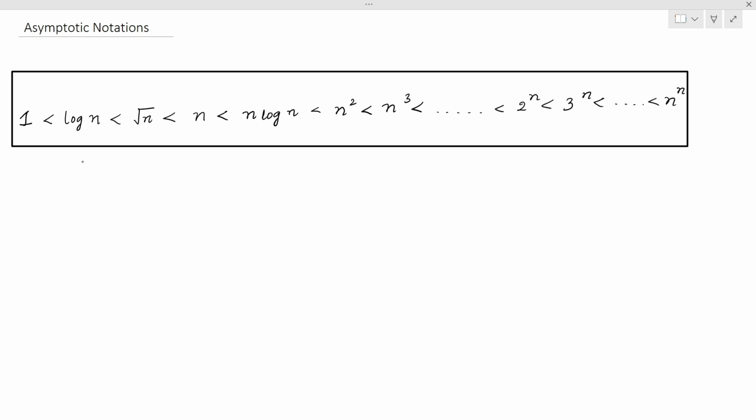In our previous lecture we have seen this complexity and this one, right? So we can see an ascending order representation, right? This is called order of growth. It's nothing but we simply try to represent the complexities. These are the only complexities that you are going to get for any algorithm, right?